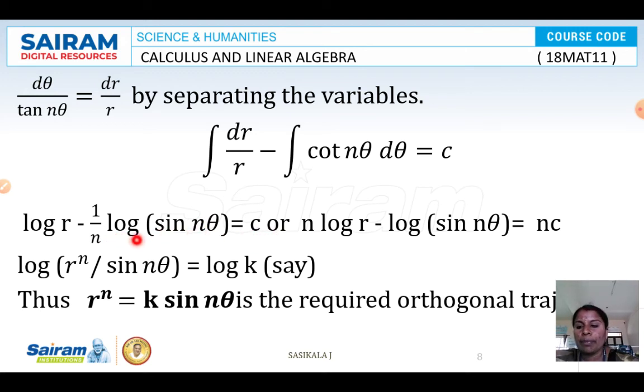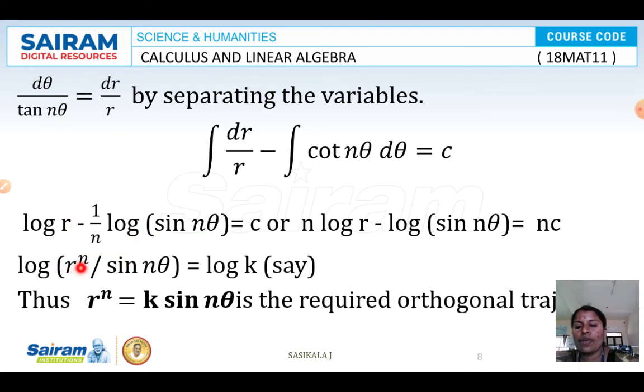The same way as we did in the previous one, take the LCM for n and n, and take it to the right side. So n log r minus log of sin n theta is equal to nc. Now we get log of r power n minus log of sin n theta, right? Log a minus log b is nothing but log of a by b.